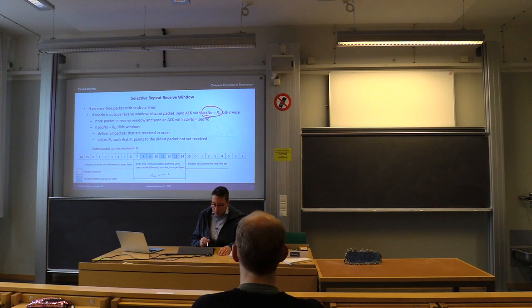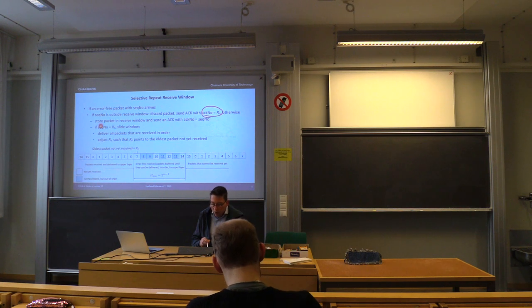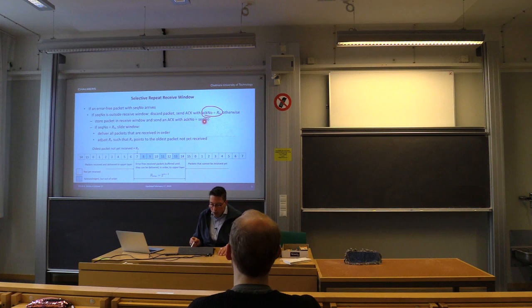If the sequence number is inside the window, then we store the packet in the receive window and we send an acknowledgement with this sequence number. And if the sequence number is equal to Rn, if the sequence number is equal to an empty slot, and it's the oldest packet that we are still waiting for, then we can change this from white to blue.